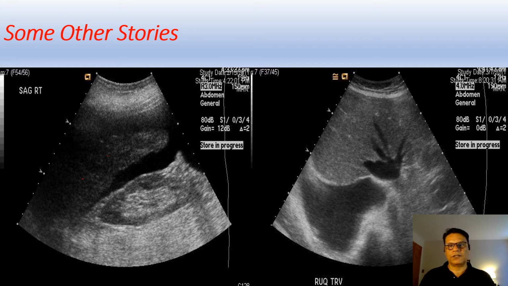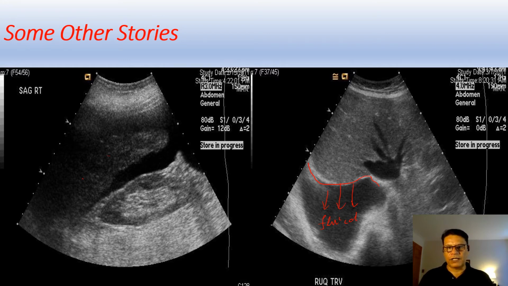Here is the same image that I showed you earlier. Here is the diaphragm, and there are no echoes above the diaphragm. This black area represents fluid or liquid, and above the diaphragm is the pleural space.